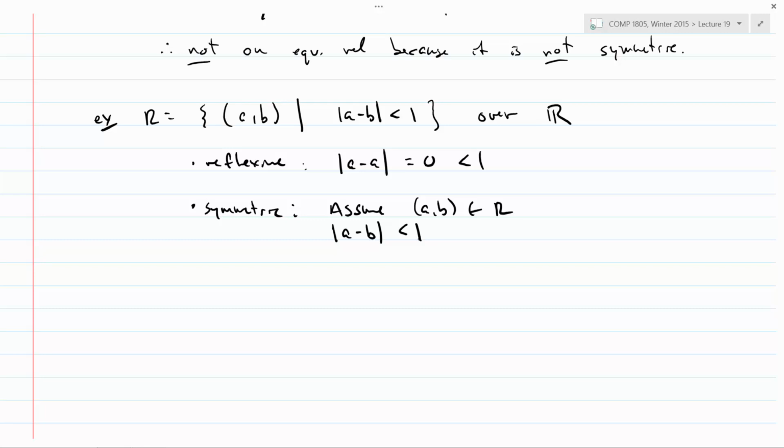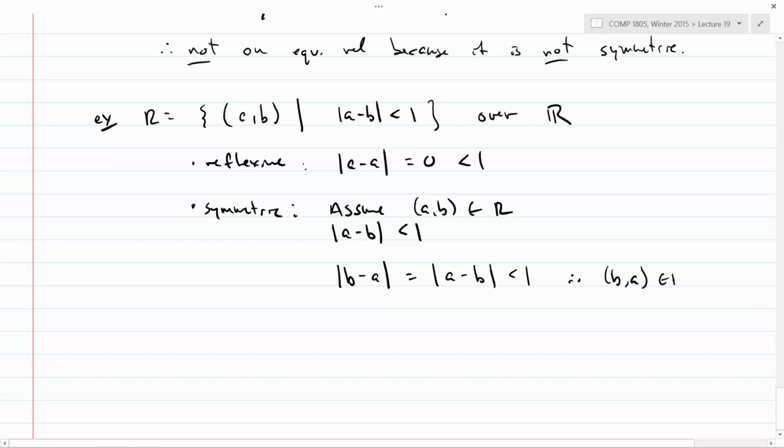So if the absolute value of A minus B is less than 1, then the absolute value of B minus A is also less than 1. And therefore BA is also in the relation, so this relation is symmetric, which is kind of nice. What about transitive?